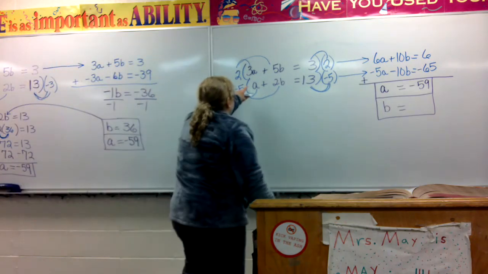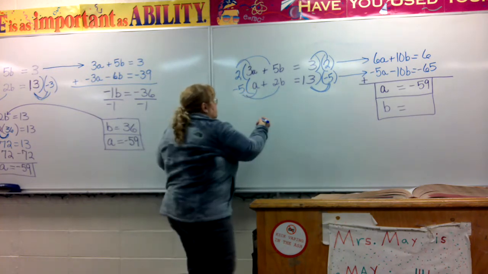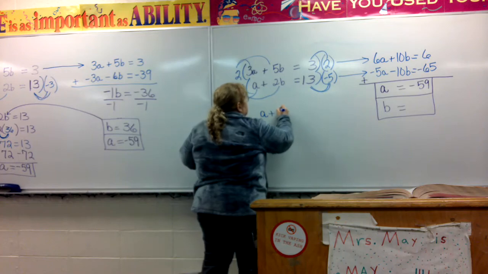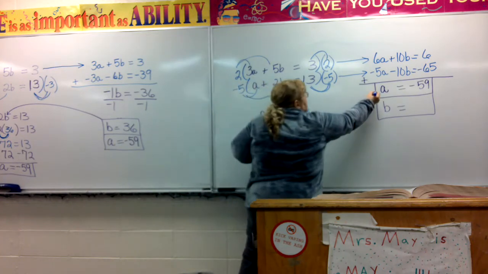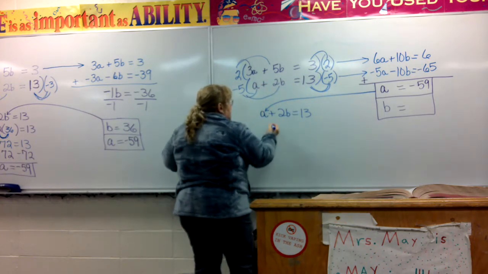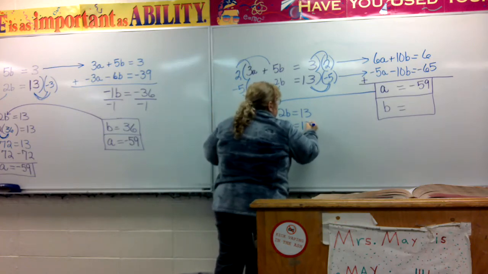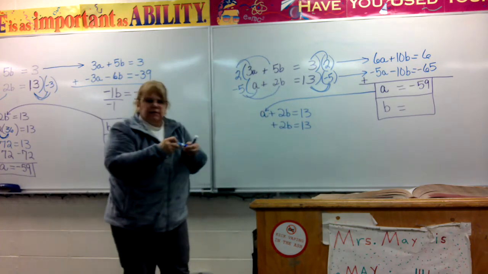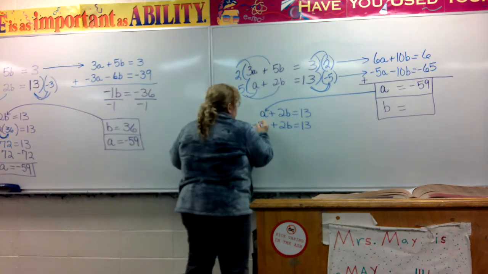I'd probably pick this one again. A plus 2b equals 13. I'm going to take this value for a, right there. What is a again? -59.